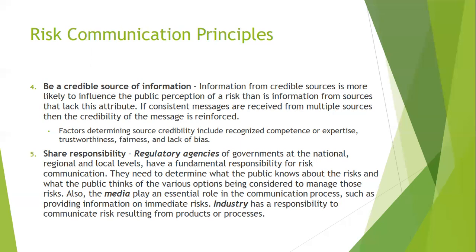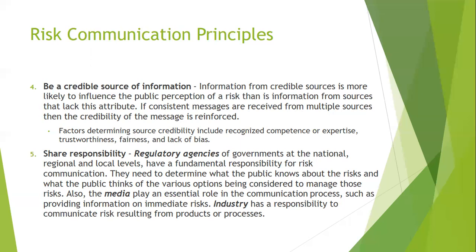Additionally, another category of group that would share responsibility would be industry as well. So industry has a responsibility to communicate risk resulting from products or processes that they may be directly involved in.